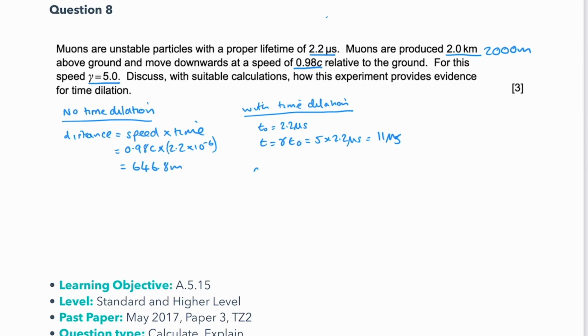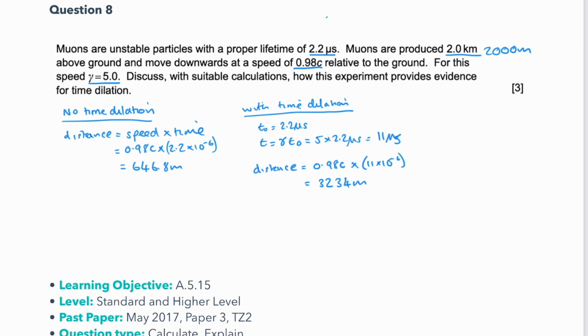And that means the distance it can travel before it reaches the end of its lifetime is distance equals speed times time, which is 0.98 c times 11 times 10 to the minus 6, which gives us a value of 3234 meters. So we've done two calculations.